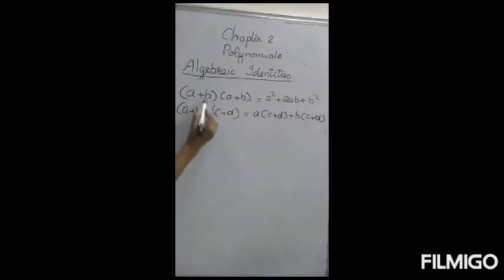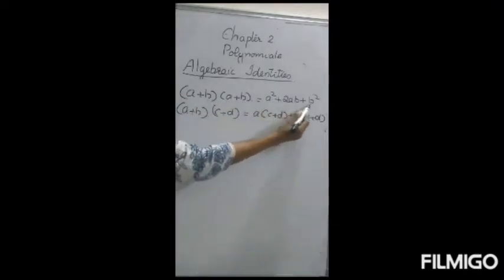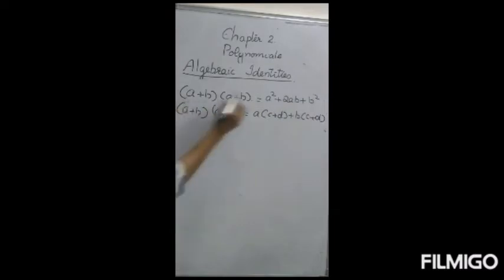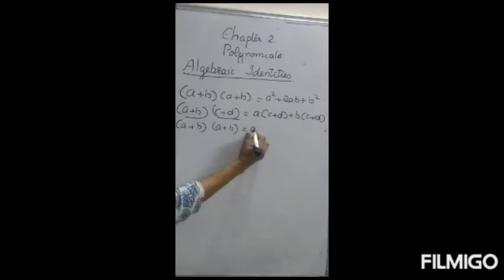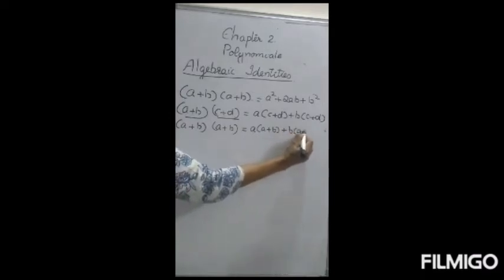Now next identity, (a + b) into (a + b) is equal to a² + 2ab + b². How does it come? Here a + b and a + b are the same thing. It is equal to binomial into binomial, that is a into (a + b) plus b into (a + b).